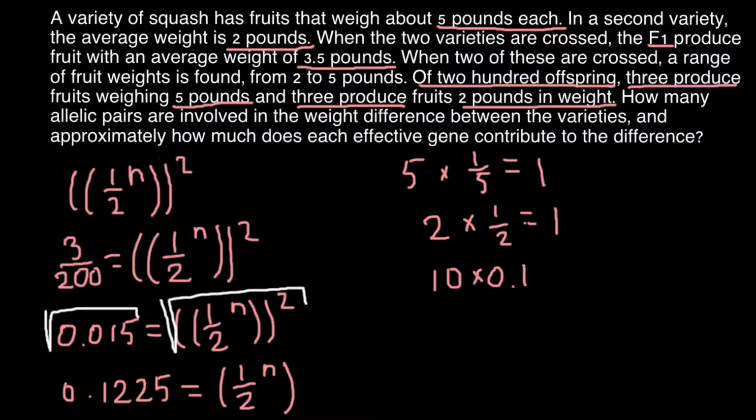If we multiply 10 by 0.1, we are going to get also 1. And vice versa, what is the reciprocal of 0.1? This is going to be 10. If we multiply 0.1 by 10, we are going to get 1. What is the reciprocal of 1/2? This is going to be 2. If we multiply 0.5 by 2, we are going to get 1.